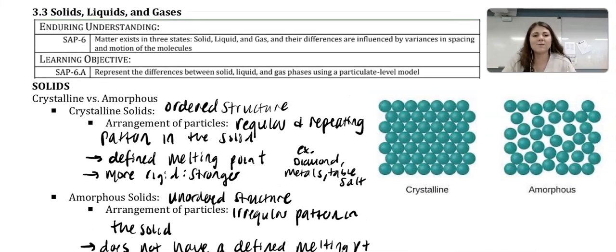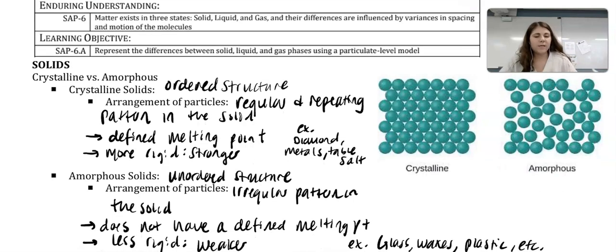And you can see based off that particulate level model to the right, the crystalline has that ordered structure left to right, but the amorphous will be kind of all over the place, okay? The crystalline has all those atoms right next to each other. That's what makes it more rigid.